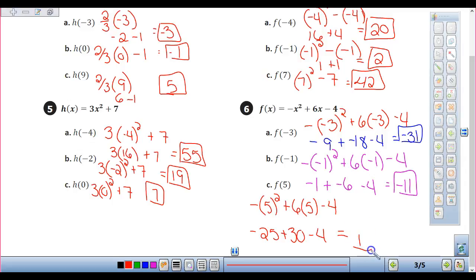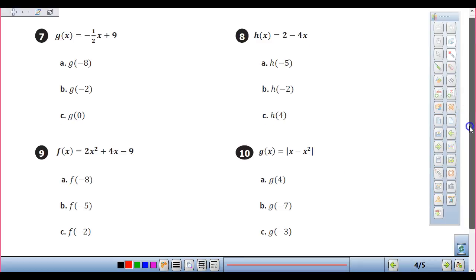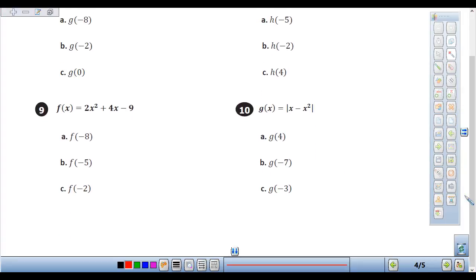All right, then. One other one we need to look at. Let's look at number 10. Okay, what do these lines mean? Absolute value, yep.